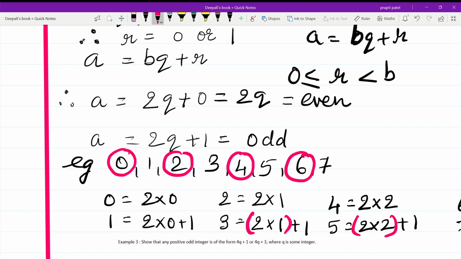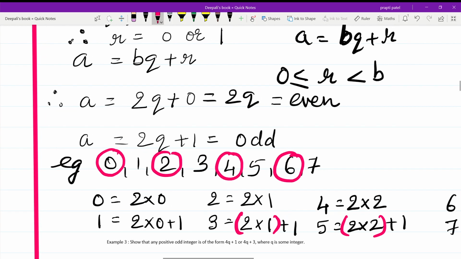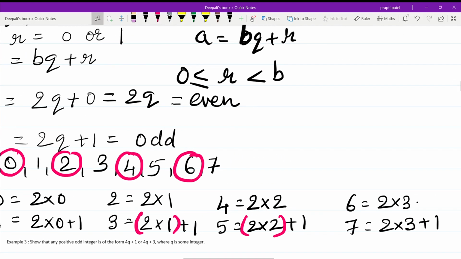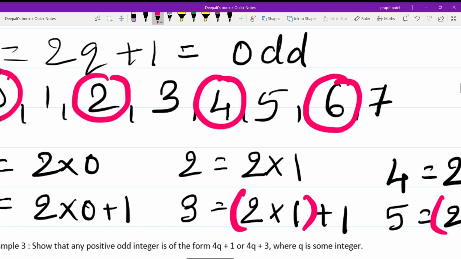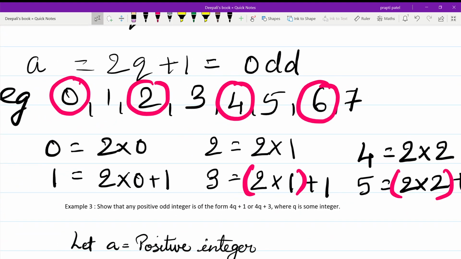Similarly, 4 is equal to 2 into 2 and 5 is equal to 2 into 2 plus 1 and 6 is equal to 2 into 3 and 7 is equal to 2 into 3 plus 1. So, it is proved that any even number can be written in the form of 2q and any odd number can be written in the form of 2q plus 1.